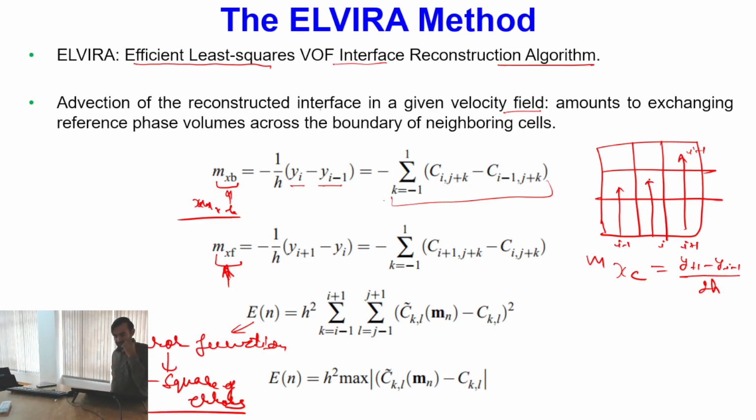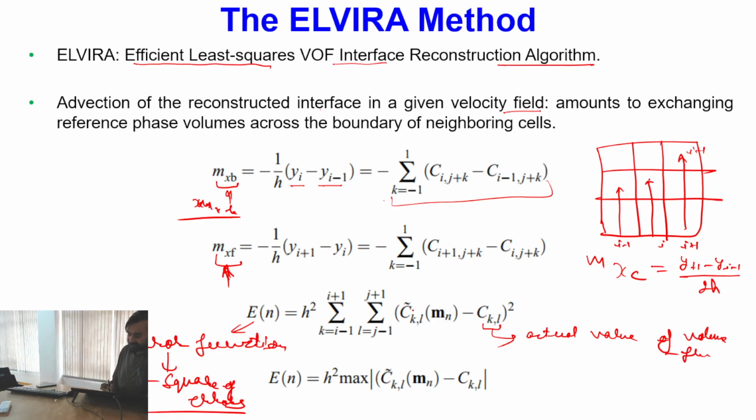Okay. So can you tell me what is the basis of this error function by just looking at this equation? What is CKL? CKL is the actual value of the volume fraction. Okay.